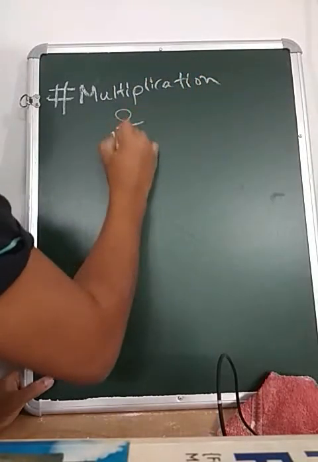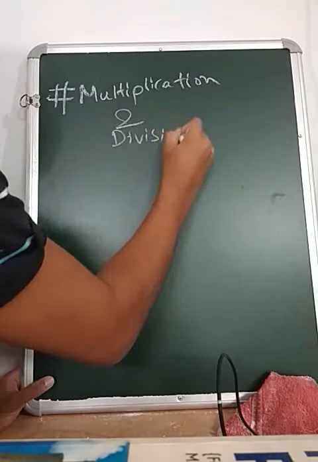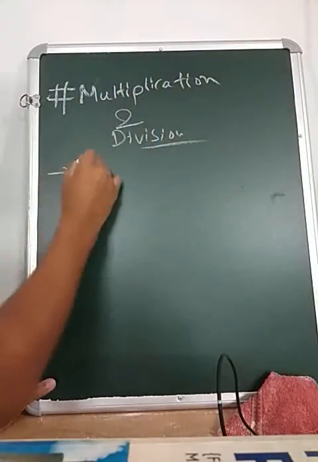Multiplication and division. Okay, so what is the rule here?